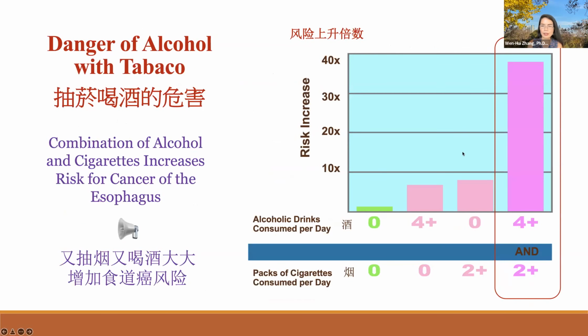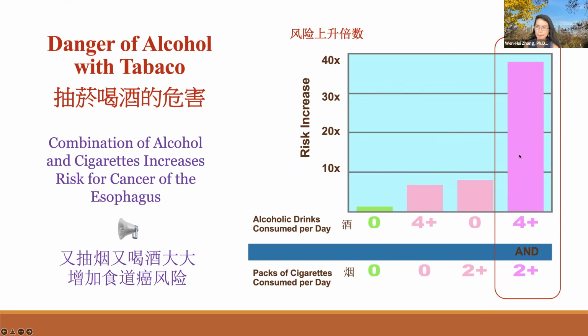With alcohol, drinking 4 drinks a day, the risk of esophageal cancer is about sixfold. Smoking 2 packs a day, the relative risk of esophageal cancer is about 8-fold compared to people that are non-smoking.